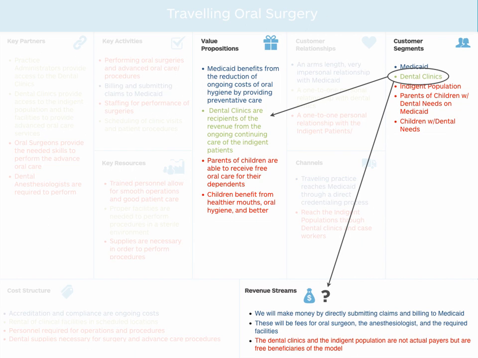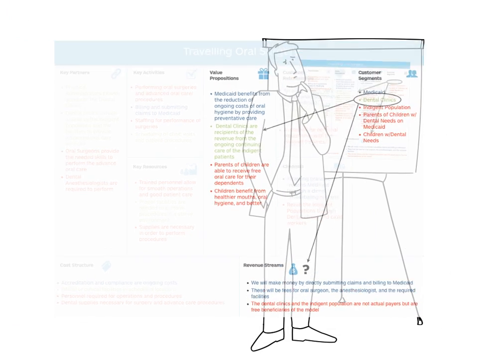Now, this is a big problem because it means that the mechanics of the business model actually don't work. If you've got a revenue stream coming from this customer segment who you're providing a value proposition to, even if that's a free revenue stream, you need to put it in your business model canvas.